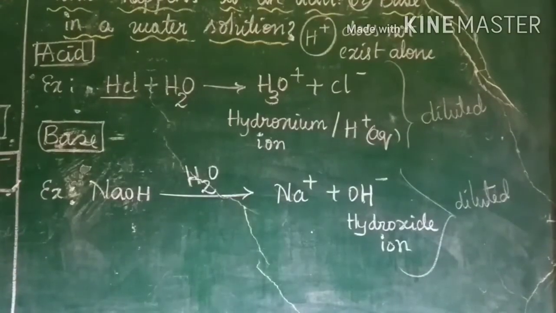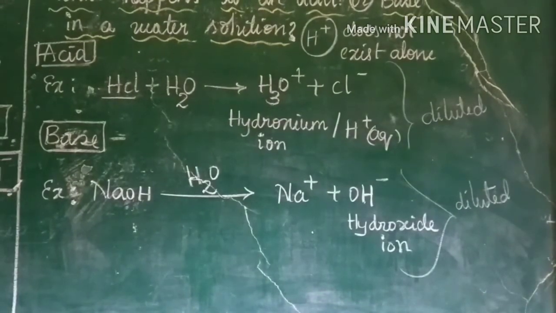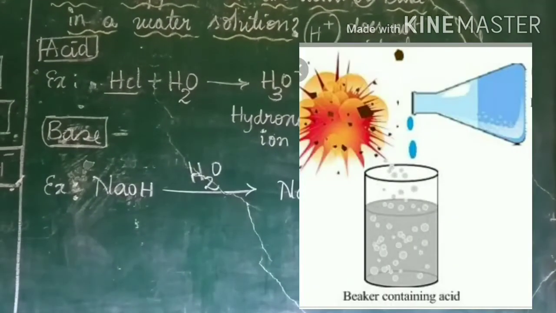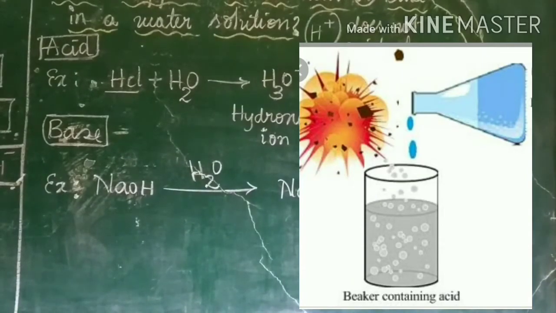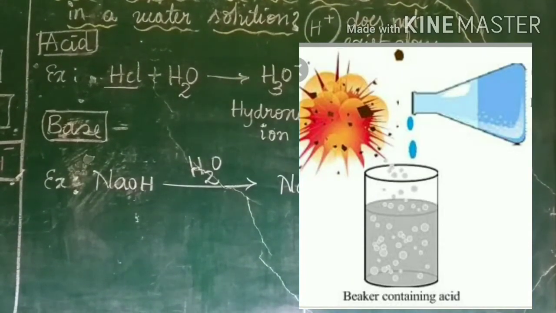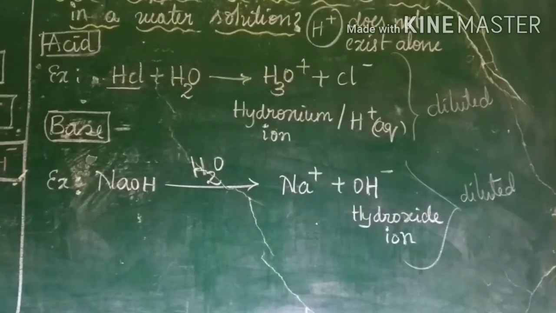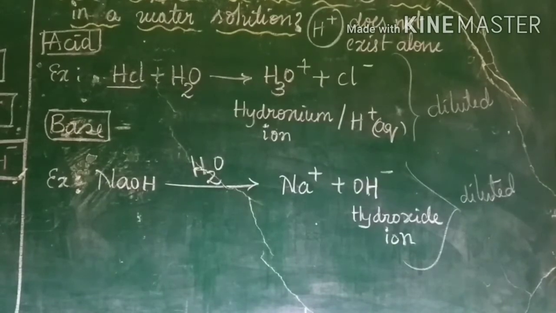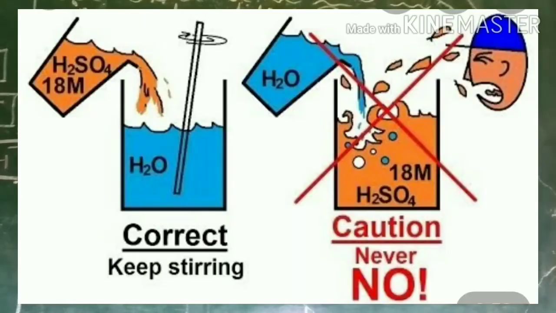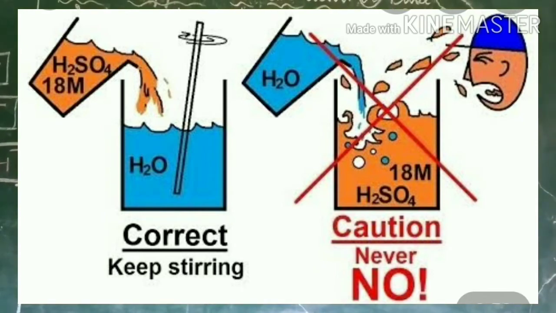The process of dissolving an acid or a base in water is highly exothermic. Care must be taken while mixing concentrated nitric acid or sulfuric acid with water. The acid must always be added slowly to water with constant stirring.